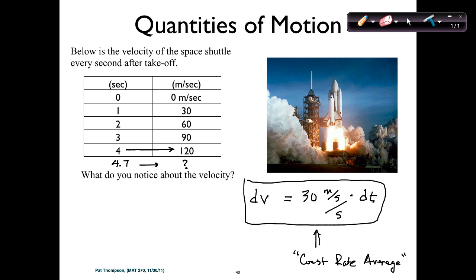So don't make dt 4.7. That's my only restriction. Use the fact that at 4 seconds, the speed is 120, and then use dv equals 30 dt to calculate what the speed would be at 4.7 seconds. And then you can confer and collaborate as you do that. But my only restriction is don't say that dt is 4.7 seconds. It's too big of a dt, okay?